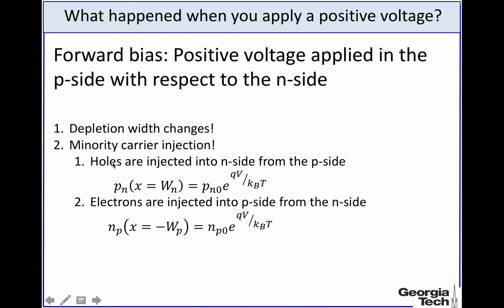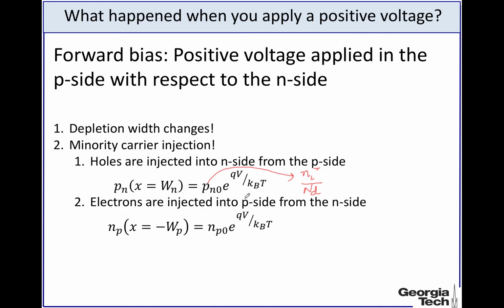So holes are injected into the N side from the P side, and at the edge of the depletion, the hole density in the N side is equal to the equilibrium hole density multiplied with e power qv over kt, and this Pn0 is the equilibrium hole density in the N side and is equal to Ni square over Nd.